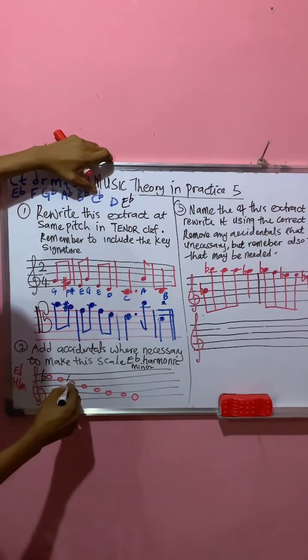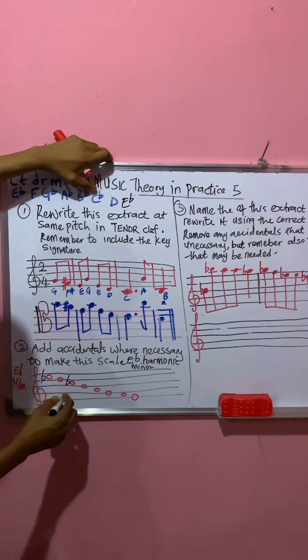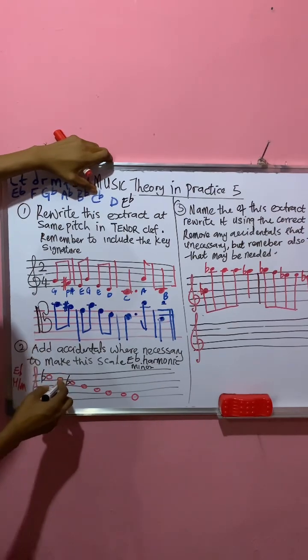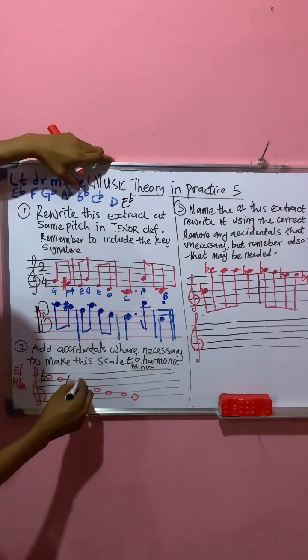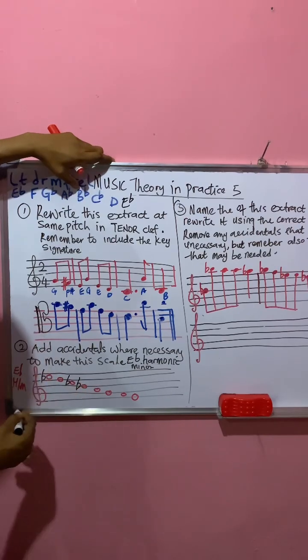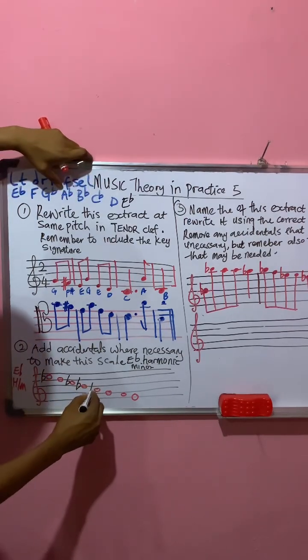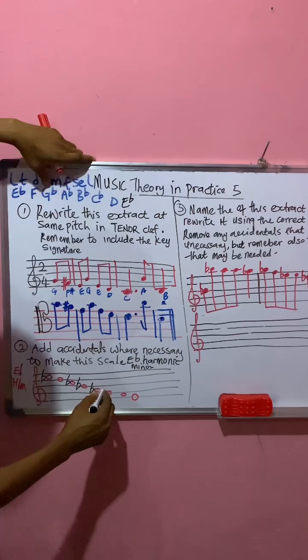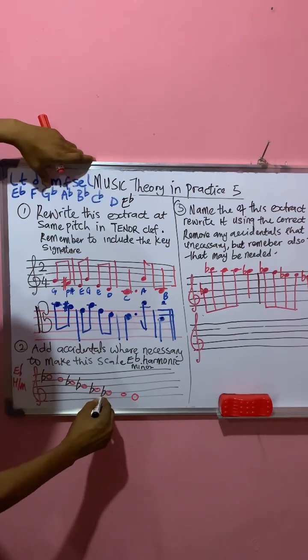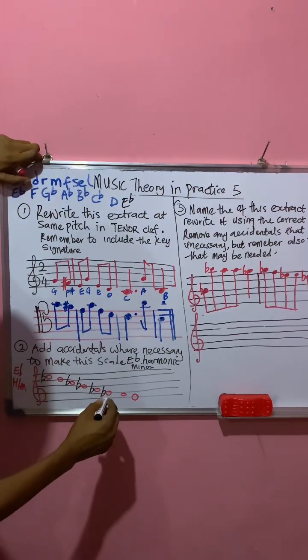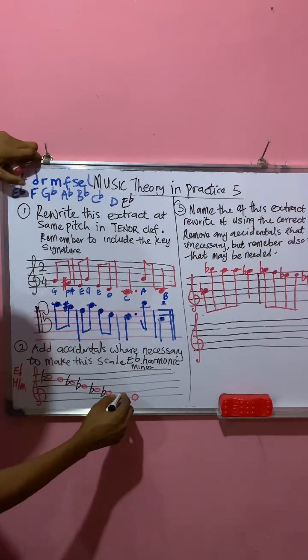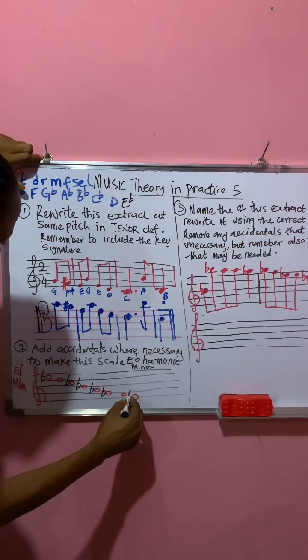We have C flat. Where you put your flat matters. We have B flat. See how I'm putting it. We have A flat, and we have G flat, and we have F, and we have E flat.